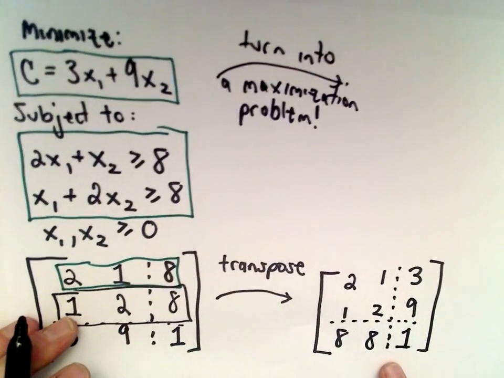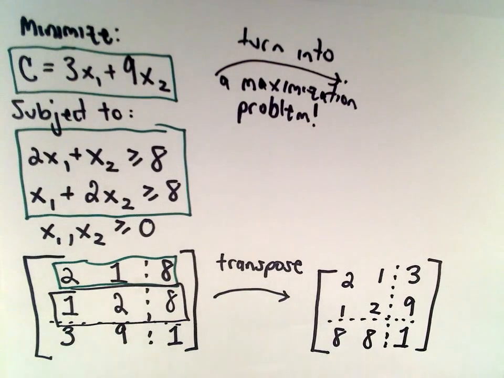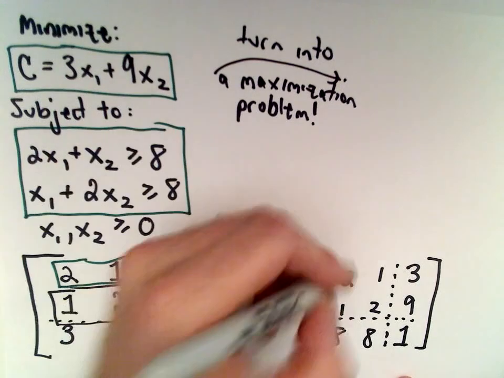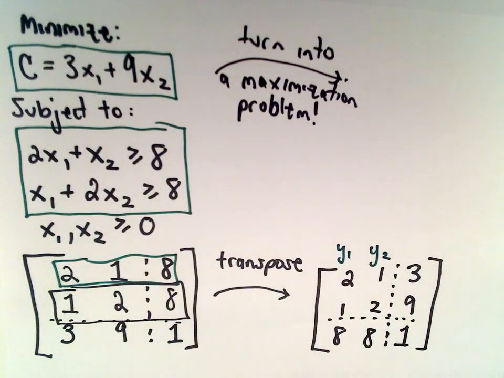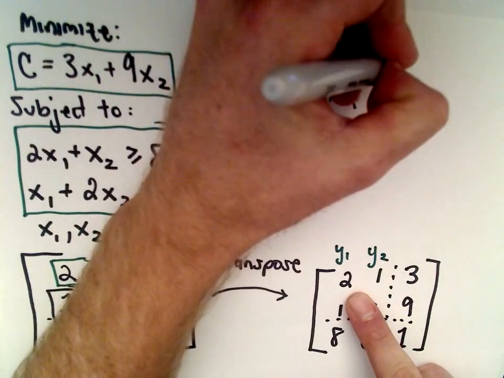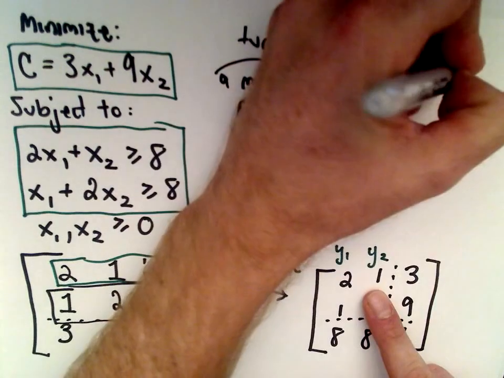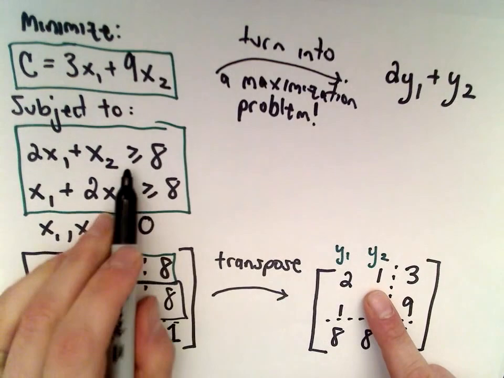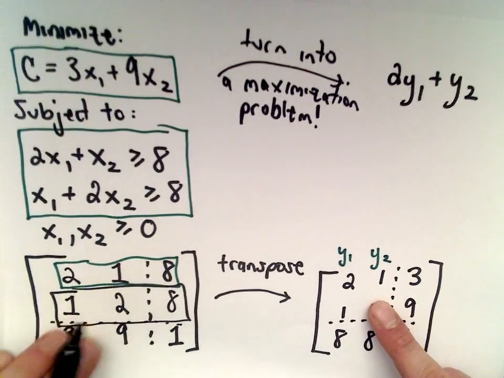What this now gives us is a corresponding maximization problem. We started with x sub 1 and x sub 2, and I'm going to label these as y1 and y2. Now we've got the problem. These are going to be our constraints. We're going to have 2 y sub 1 plus 1 y sub 2, and instead of being greater than or equal to, they are now going to be less than or equal to.